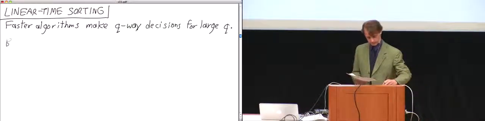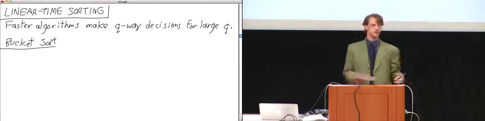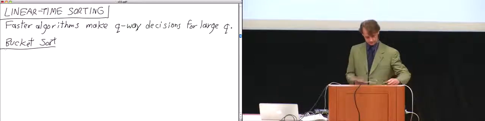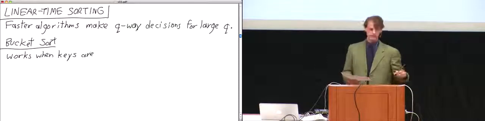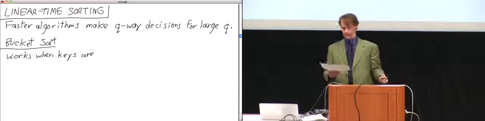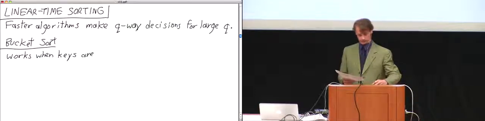Some of these algorithms that do this run in linear time, and we'll learn 3 of those. The first one will be bucket sort. Bucket sort is kind of a limited sorting algorithm. We will fix that limitation on Monday. But for now, let's just think about how we sort a bunch of numbers when the keys are distributed in a very small range.